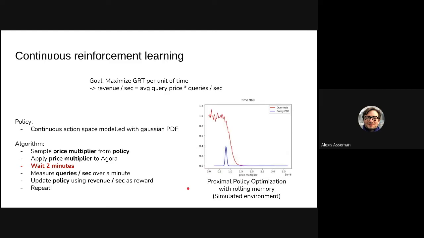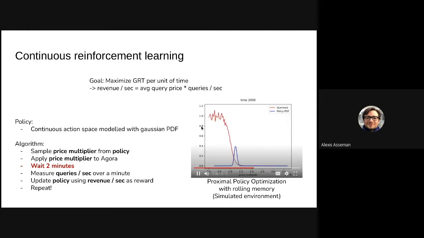So yeah, this is what we get in simulation. The red curve is the number of queries per second. We added a little bit of noise to make it a little bit more realistic. And the line in blue is the Gaussian probability density over the price multipliers. So we can see that when we start, it's extremely wide because it doesn't really make very strong assumptions as to what the optimal price multiplier should be. But we can see that it pretty quickly converges towards the optimal pricing.